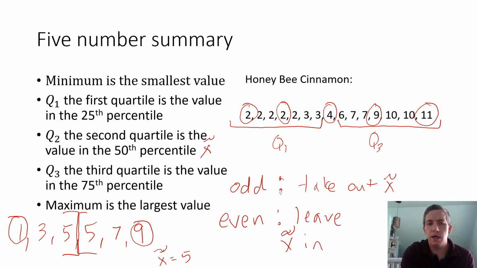Now the median is 5, so you might say, do I take out the 5s? No, you don't. You leave them in because you can break up the data into 2 sets that are equal size. So the first quartile is 3, and the third quartile is 7. And so that's how you deal with the quartiles.